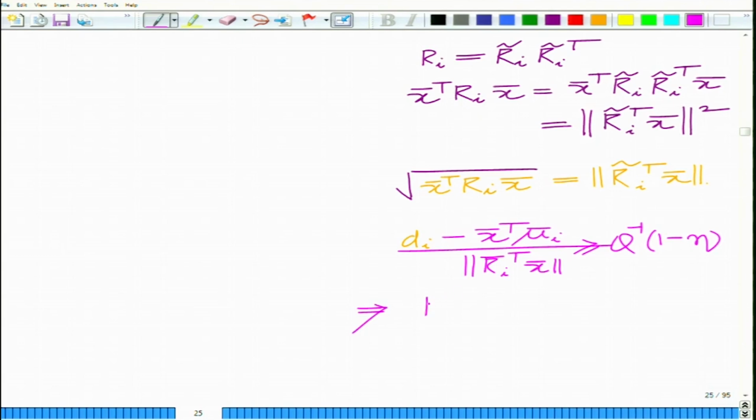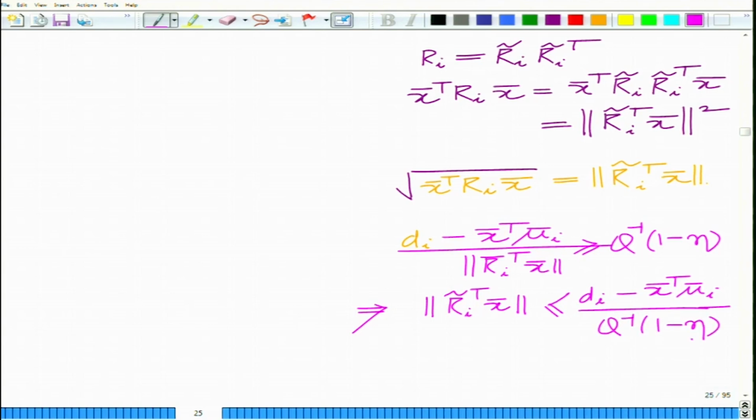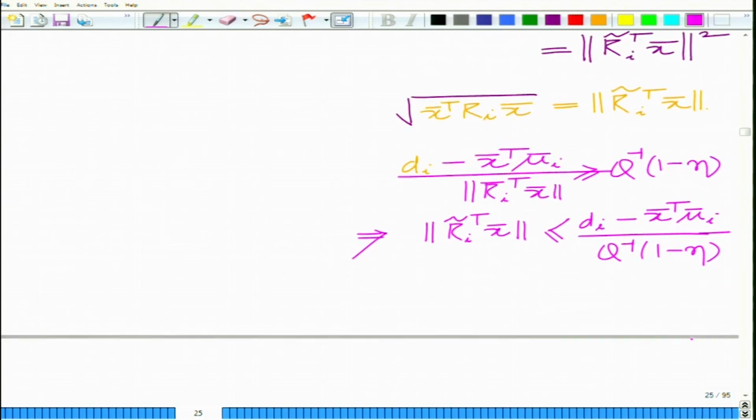So, you can write this as the norm of R_i tilde x bar is less than or equal to (d_i minus x bar transpose mu bar_i) divided by Q inverse of 1 minus eta.